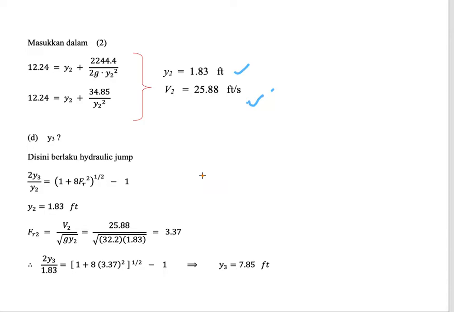Because we have a hydraulic jump, we use this equation. I hope you still remember this one, and then we could calculate with Y2 being 1.83. From this calculation, we could calculate the Froude number, and we get 3.37. So it is true that the hydraulic jump did occur. If we substitute everything, we could calculate that the y here is 7.85 feet.